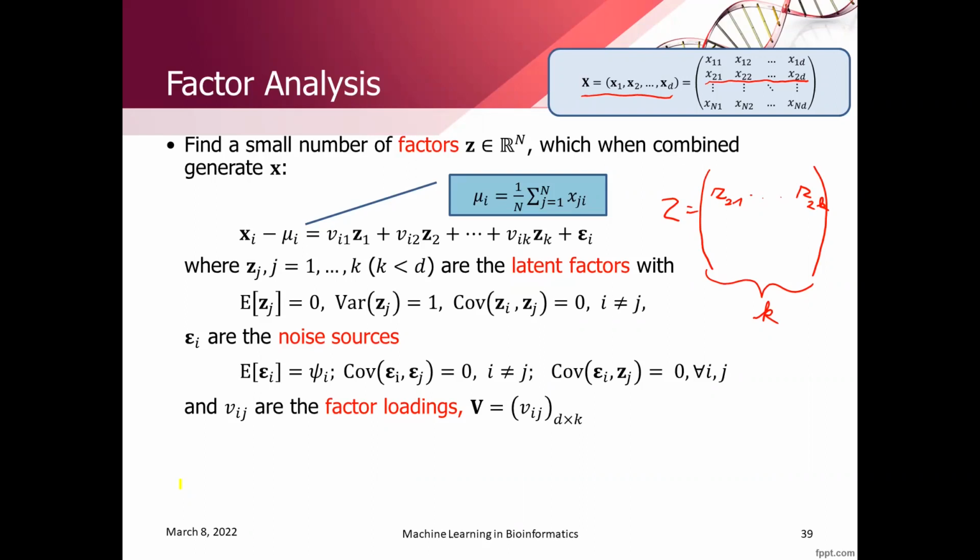In factor analysis, we go from the opposite direction. We think that the data, which are d-dimensional, are actually generated from some lower dimensional data, from some so-called factors. Therefore, the name factor analysis.